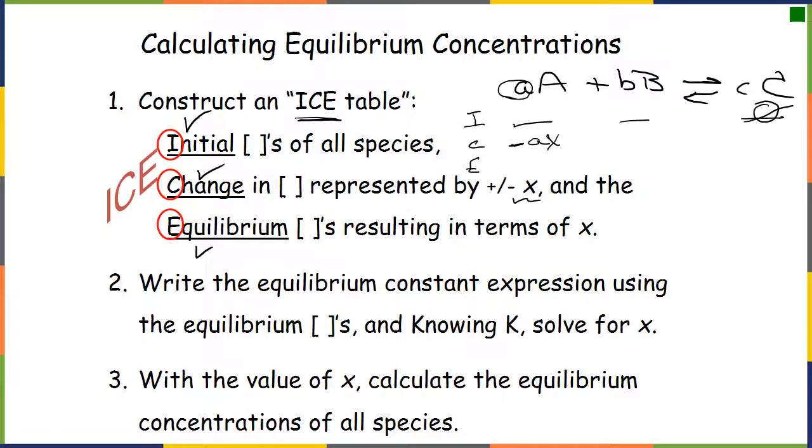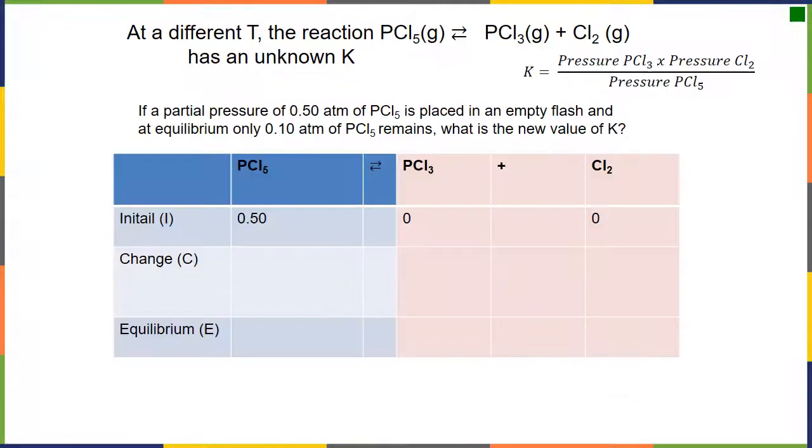Our B is also going to go down by some value bx, and C is going to go up by some value cx. Why? Because we know for every a of these, we're going to use b of these values. At equilibrium, we're going to solve something. So again, we're going to write our balanced reaction, write our equilibrium expression, and if we know K, we're going to solve for x, and go from there.